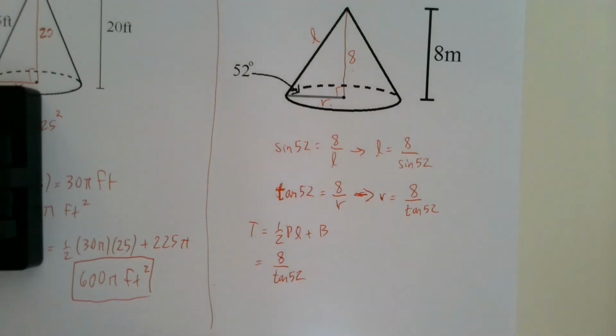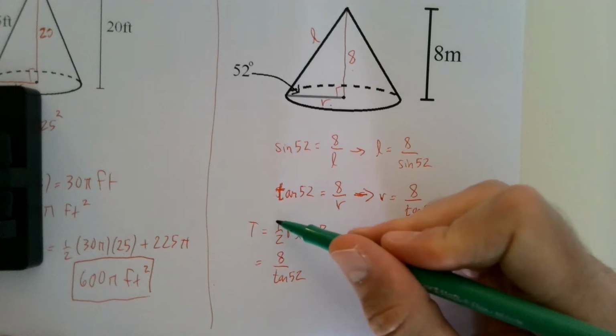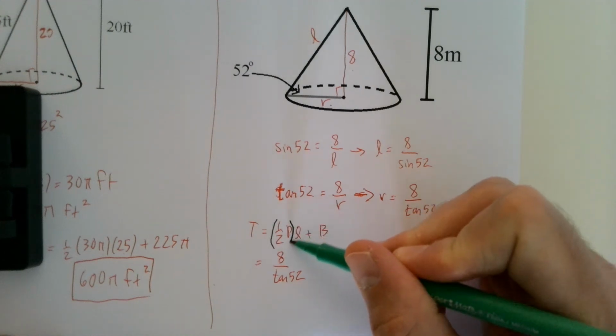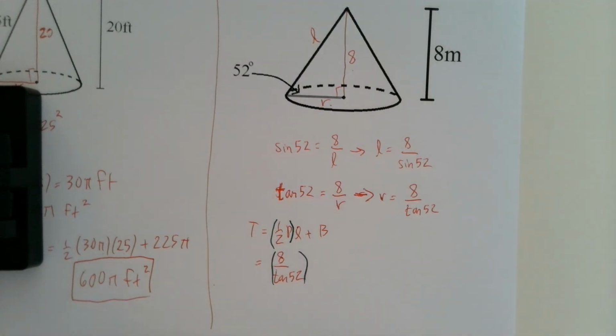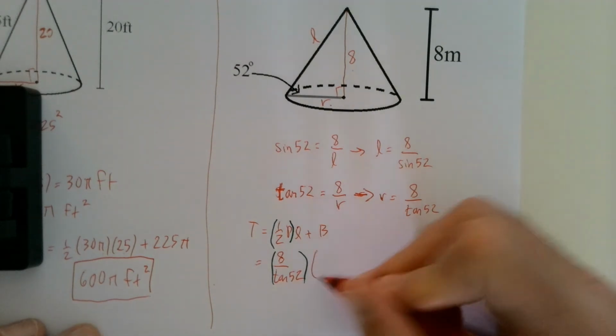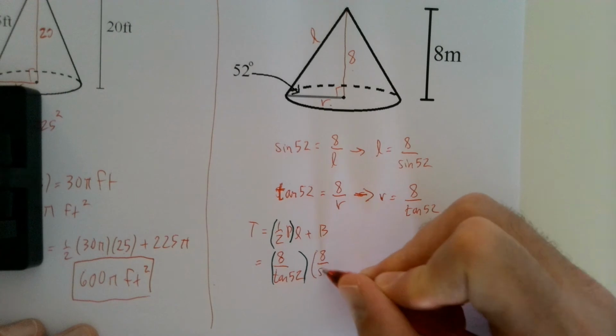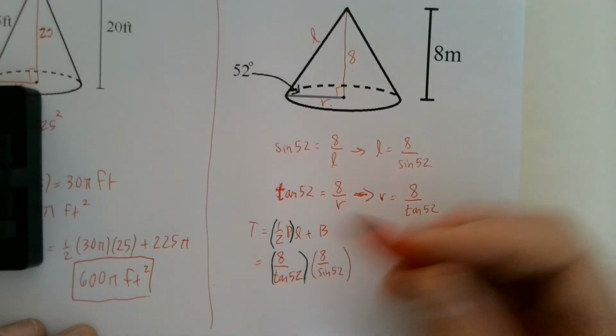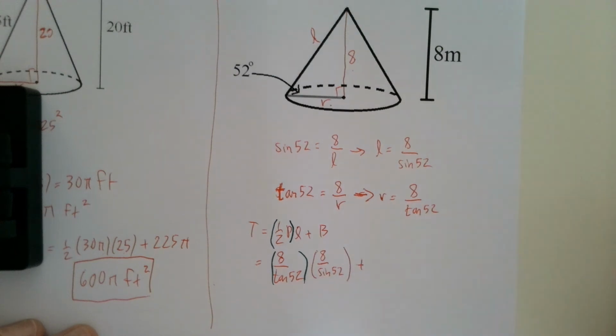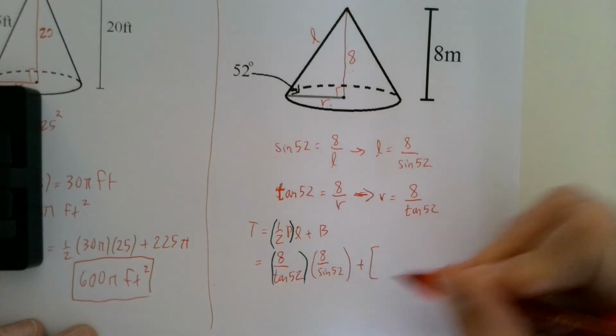So that takes care of half perimeter. Now I need to do times L, which is 8 over sine 52. So that takes care of the lateral, plus area of the base.